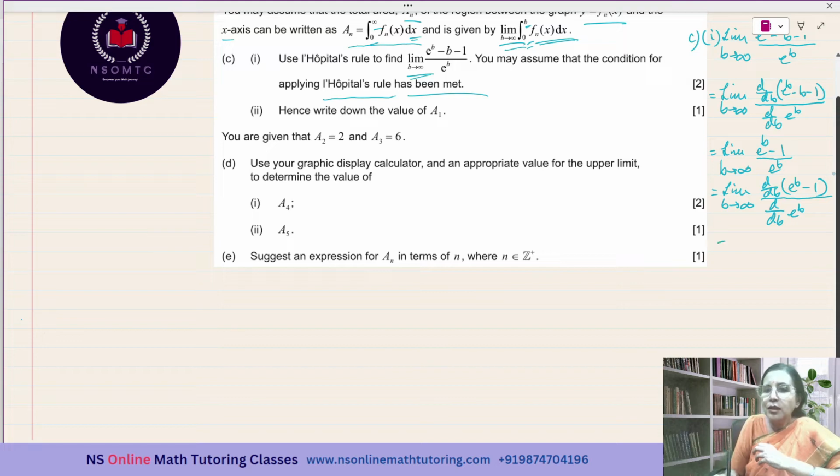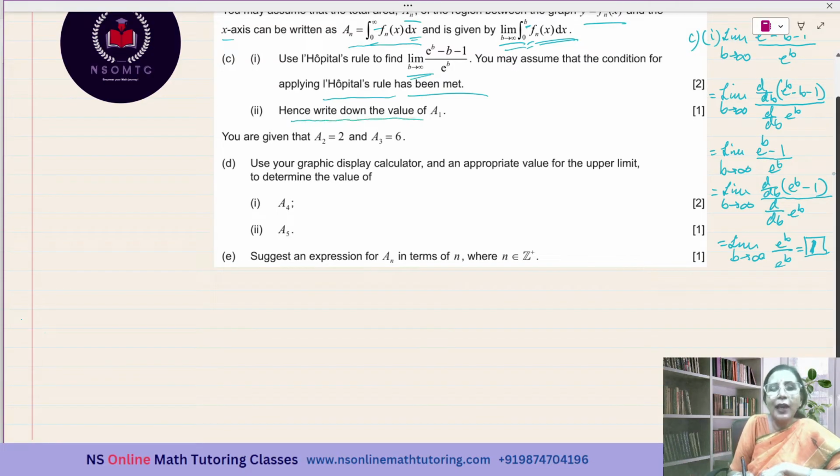So this is limit b tends to infinity and e to the power of b over e to the power of b. E to the power of b over e to the power of b is of course equal to 1. Okay. So 1 is the answer.